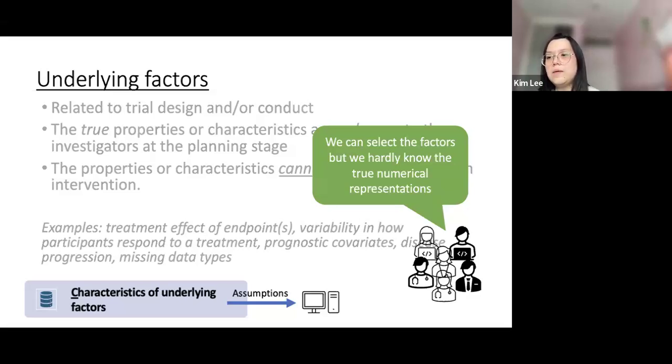But in reality, no one knows the true distribution or characteristic of either endpoint prior to running a study. What we can do is to make assumptions on the characteristic of the underlying variables and then conduct simulation to test the sensitivity to these assumptions as part of the preliminary investigation or site investigation.